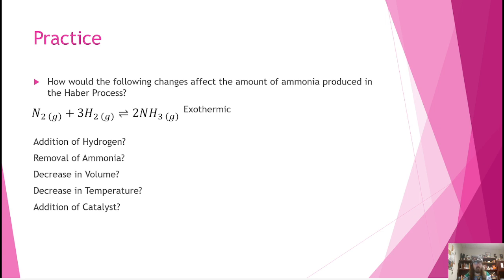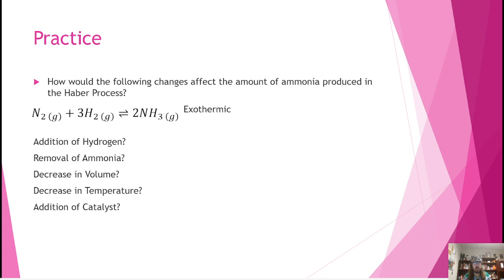If I decrease the volume by pressurizing this, there's 2 moles of gas on the right and 4 moles of gas on the left. So decreasing volume increases pressure and forces it to the right. And since it's exothermic, if I remove heat, I'm favoring product formation because I'm removing a product.